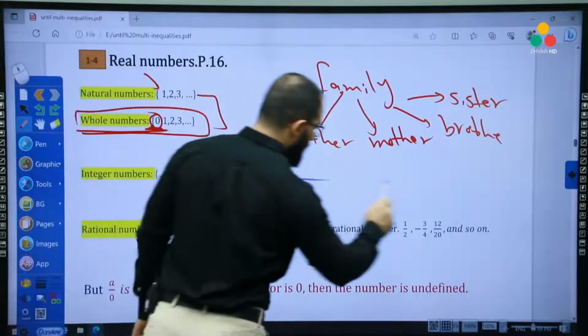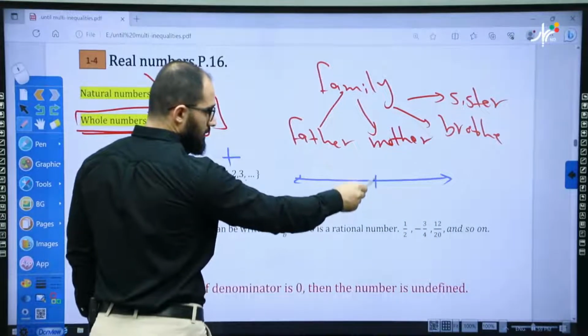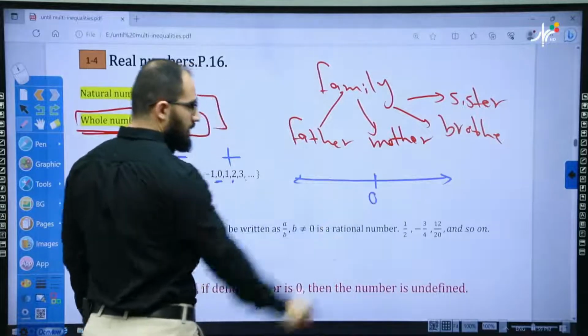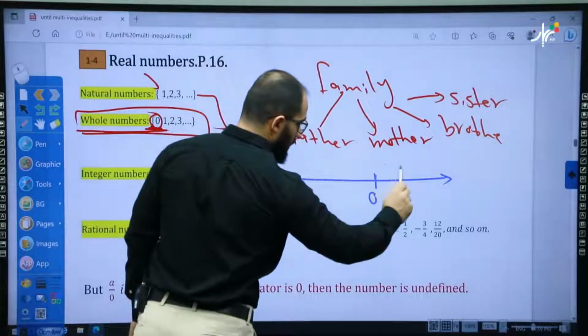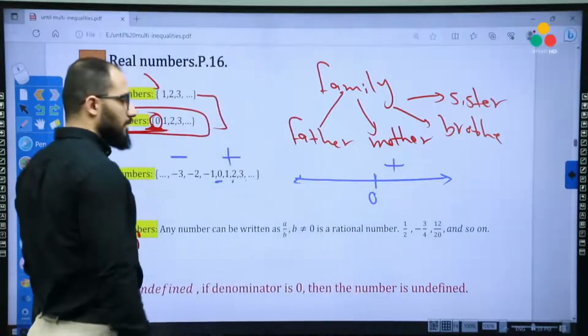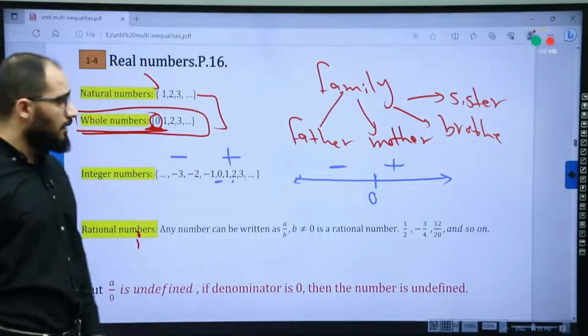If you draw a line, the integer number line, you can see that 0 is the center of the line. On the right side of 0 we have positive numbers. On the left side of 0 we have negative numbers.